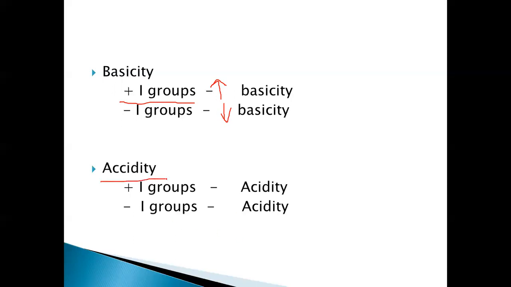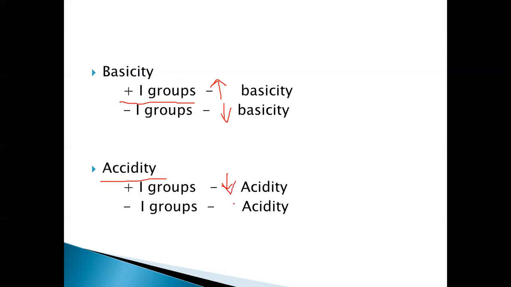But on the other hand, when we come to the acidity of carboxylic acids, if plus I groups are there, then it will decrease the acidity. This is because it will release the electrons into the system, so the bond dissociation of the OH bond becomes difficult.